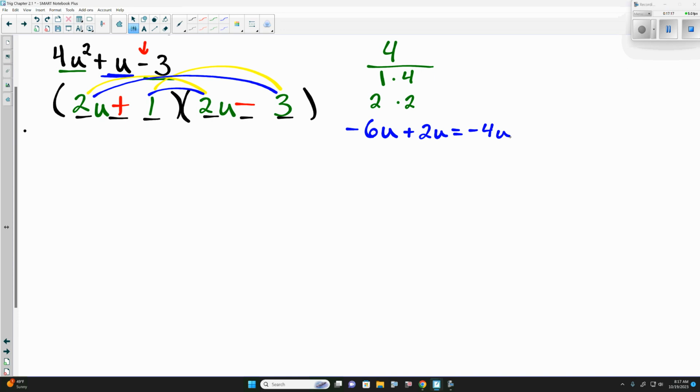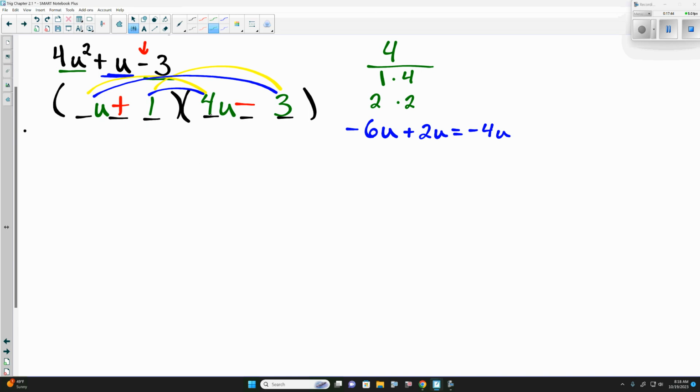No. Okay, so we can switch the 1 and 3, but that's not really going to do anything because we still have 2 and 2. All it will do is change it from negative 4u to positive. So we can switch the numbers in front of u to 4 and 1.